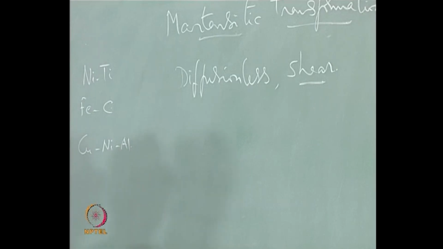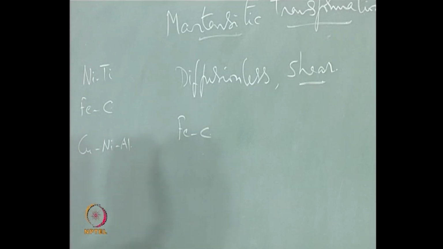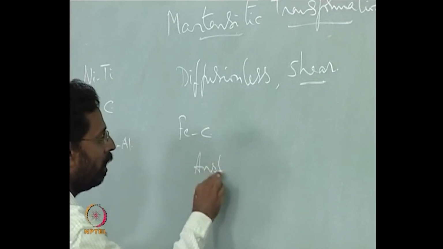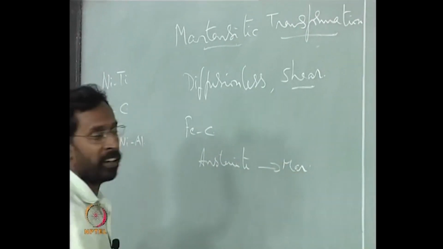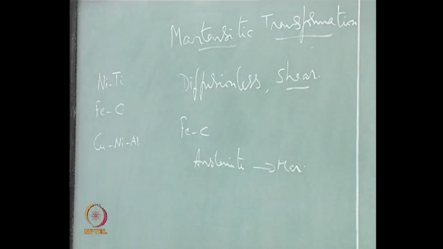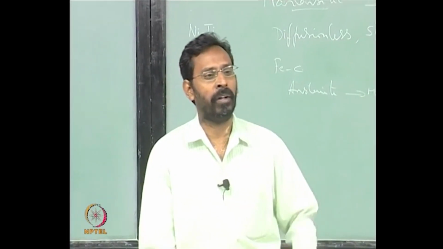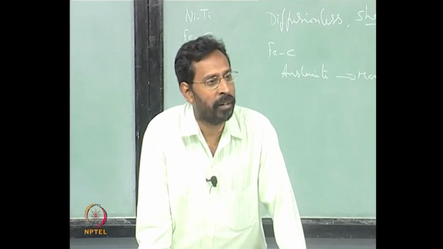If you look at the iron carbon example, the parent phase that is undergoing the transformation is the austenite. It is the austenite which gives you martensite. In fact, in the last class also we have talked about it. If the cooling rate is such that the austenite already gives you the pearlite, or maybe you have cooled it to a temperature where you have held it for a long time to get a bainite, then how do you get martensite?